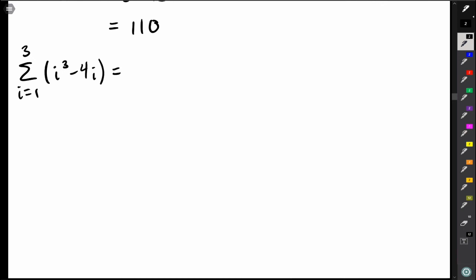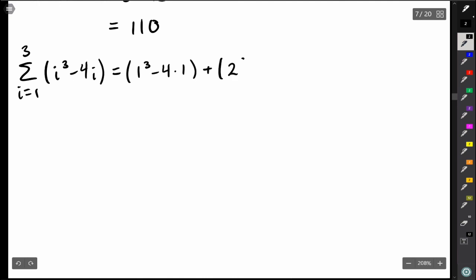When we compute this, again we start at the first number, which is 1, and keep plugging it in until we get to the last number, which is 3. So plug in i equals 1: we have 1 cubed minus 4 times 1, plus 2 cubed minus 4 times 2, plus 3 cubed minus 4 times 3.